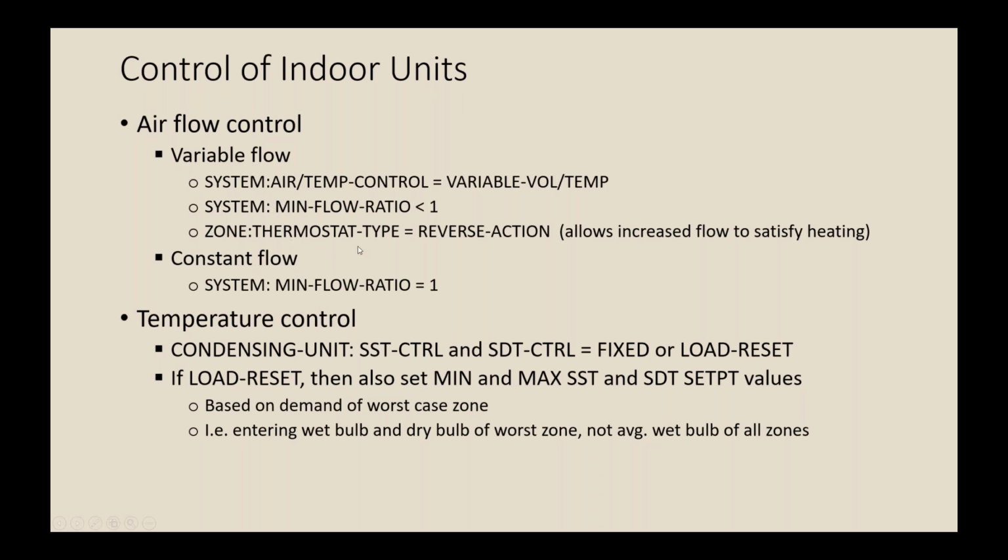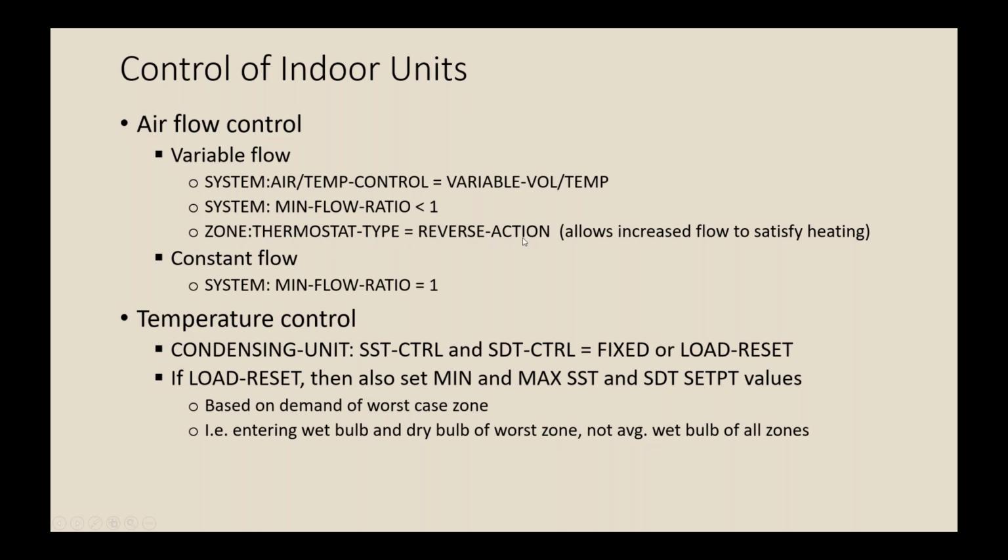And here are the inputs that I arrived at as I was using the program. For a variable flow system, I set air temp control to variable vol temp, min flow ratio to a value based on the terminal units, and then the thermostat type to reverse action.